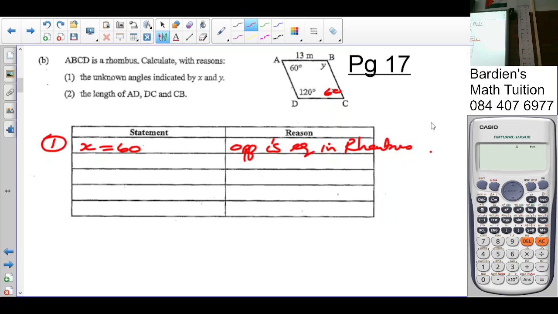What do you want to write? Now what if the next person marking your work doesn't know what the abbreviation is? So you will tell the other teachers. Number 1, y is equal to what? 120, because opposite angles are equal in a rhombus.